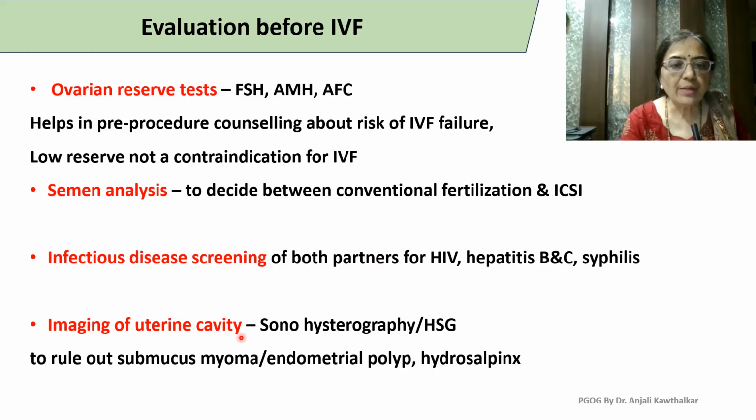Imaging of the uterine cavity is mainly to see whether the IVF will be successful, and there should not be any pathology which might reduce the pregnancy rate. For that, sonohysterography or HSG is to be done to rule out submucous myoma, endometrial polyp, or even a connecting large hydrosalpinx.